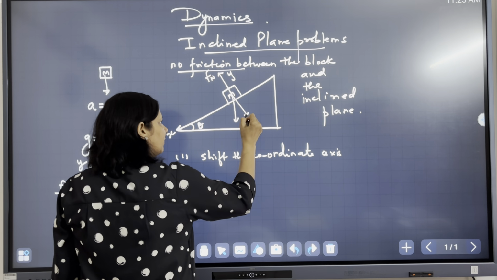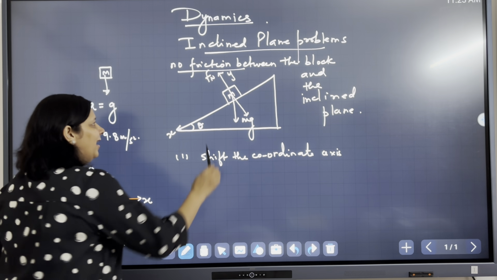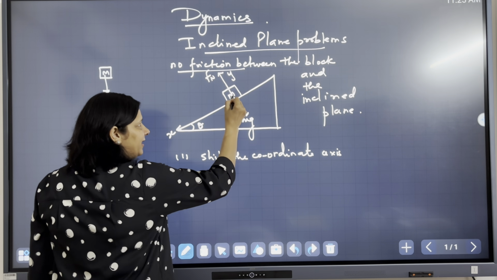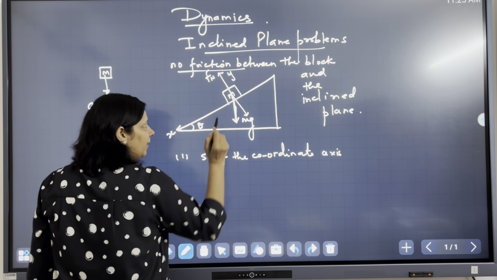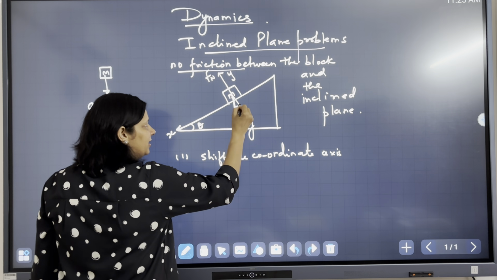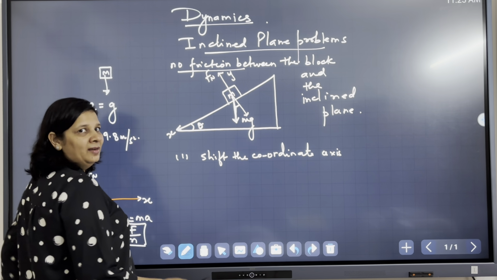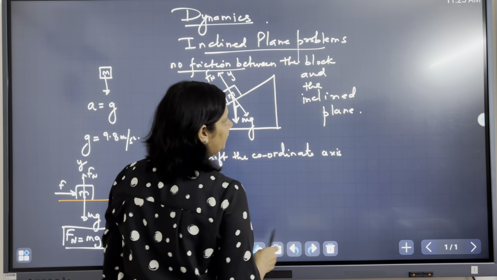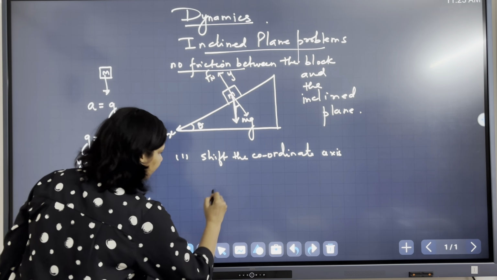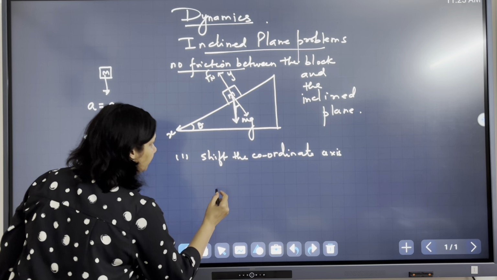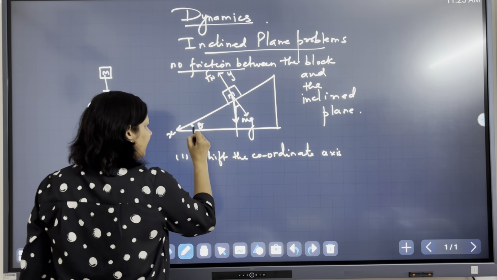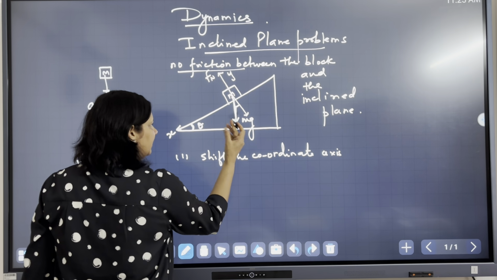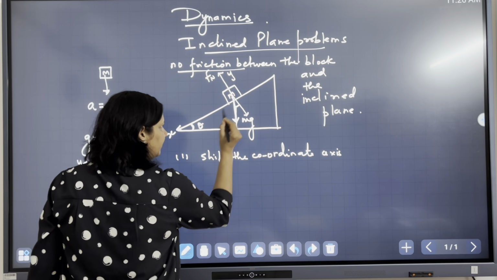Now I have to find this. mg is acting vertically downwards, right? And how much is this angle? We can see geometrically. I will draw separately, or we can just see here, this angle is theta, this is 90 degree, right?